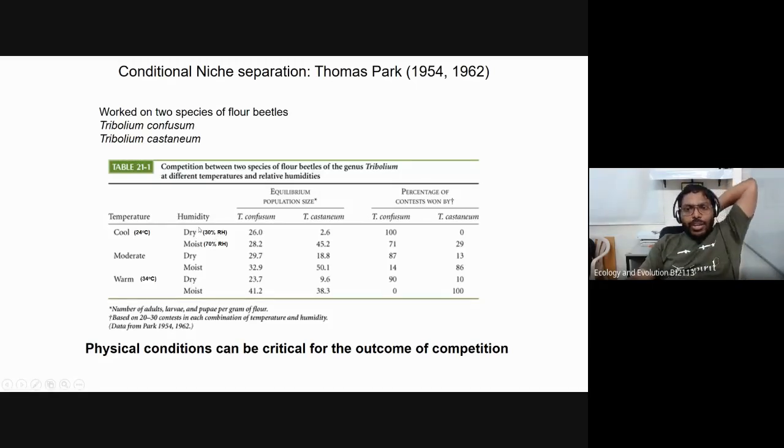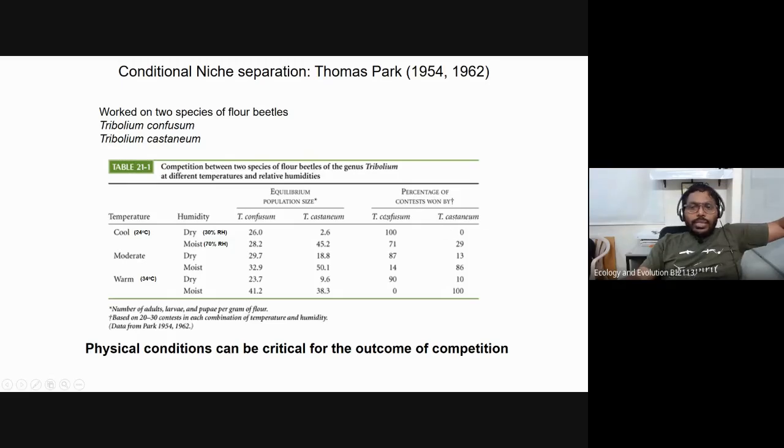For each one of them, he started a large number of co-cultures, and for all of them, he also measured the K values from monocultures. Since there are a very large number of co-cultures, he asked in what fraction is the competition won by confusum, and in what fraction of the cases is it won by castaneum.